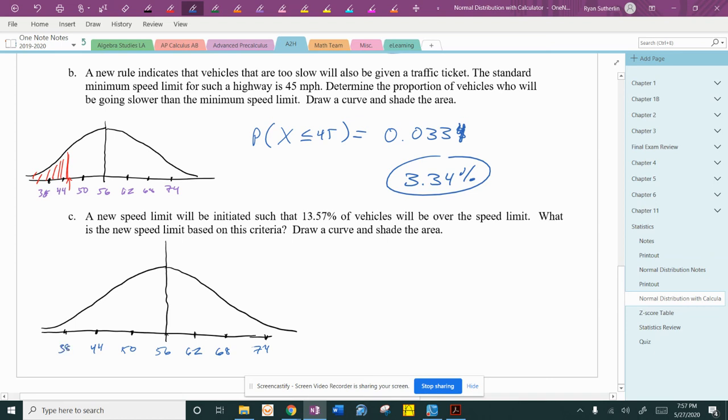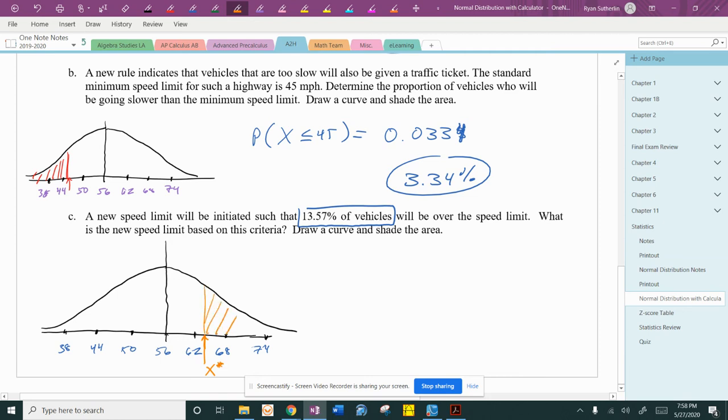So the question is, we want to find a value so that this is the percent of cars that are exceeding the speed limit. Well, 13.57% exceeding, that's got to be somewhere in here between 62 and 68. I'm going to call this X asterisk.